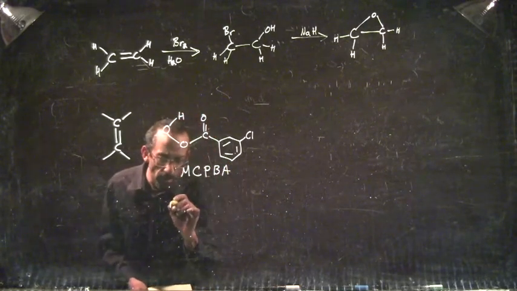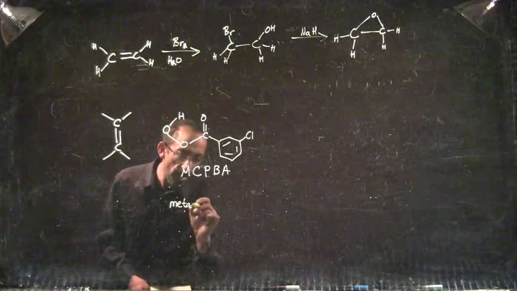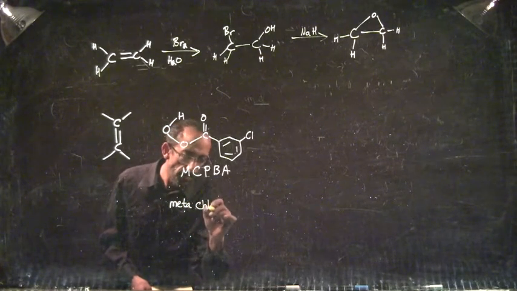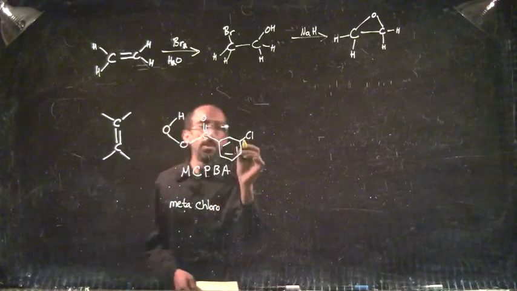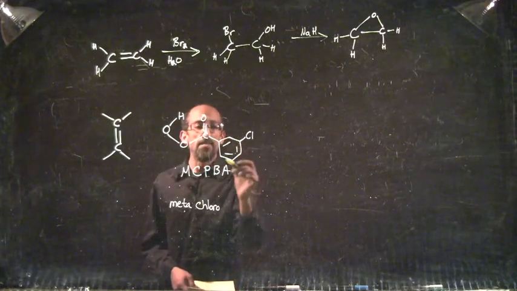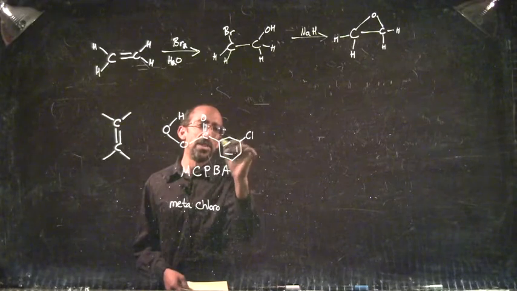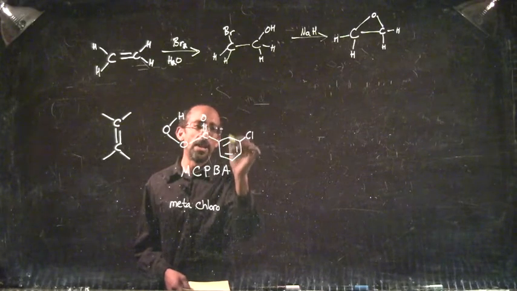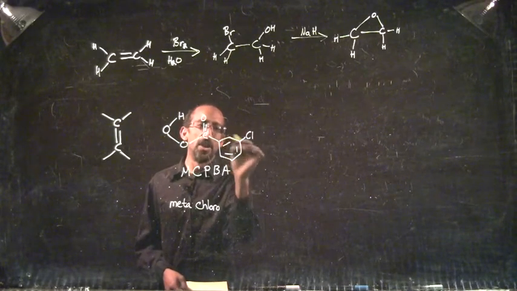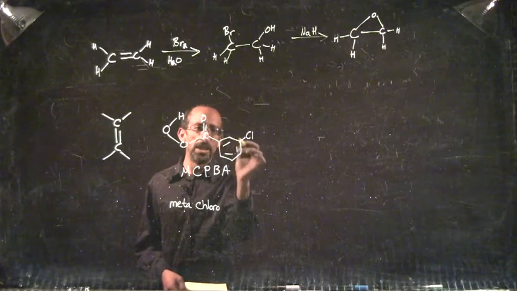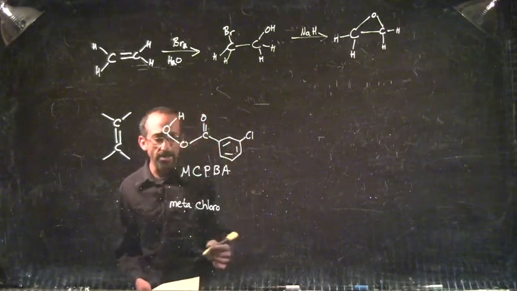That stands for metachloro. And that's because when you have a benzene ring and two substituents are only separated by one carbon, this is known as a meta-type substitution versus an ortho or a para substitution.